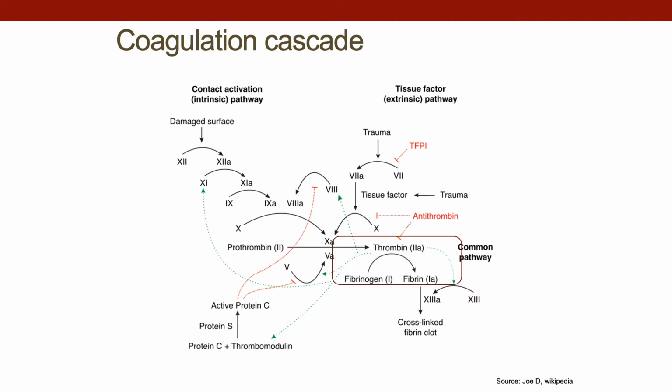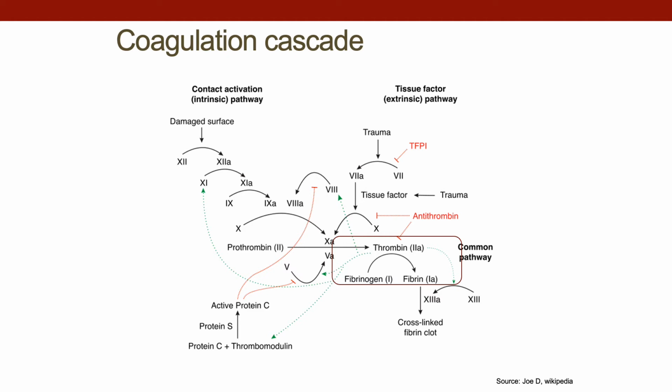In some cases, it's converting some of the earlier factors in the cascade, so it's doing a feed-forward activity, but it also stimulates some inhibitory activities down by thrombomodulin there, so it also has feedback. So it's very complicated what it's doing. And remember also, thrombin acts to activate that unusual G-protein coupled receptor on platelets to activate them. So it's cross-talking to the platelet pathway as well. So thrombin is a very central molecule.